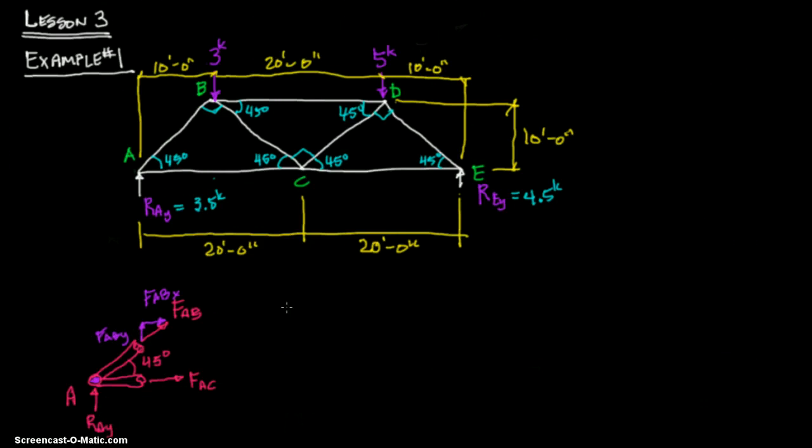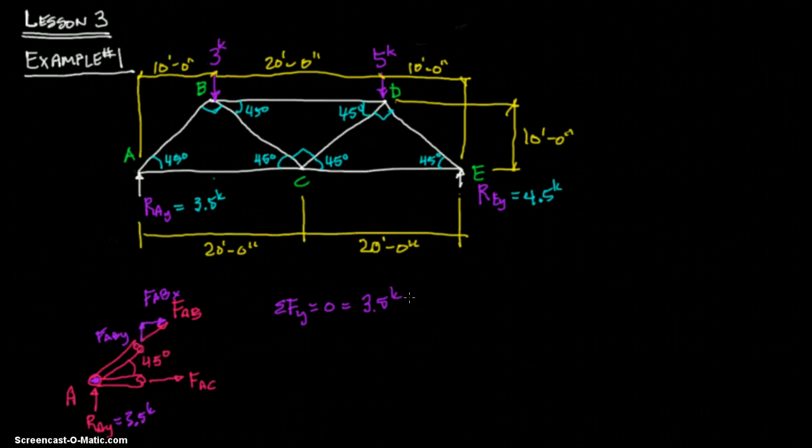So, actually, I'll just go ahead and do the math. The sum of forces in the y direction equals 0, and you have RAY, which is 3.5 kips, equals positive 3.5 kips. And then right here you have another positive.